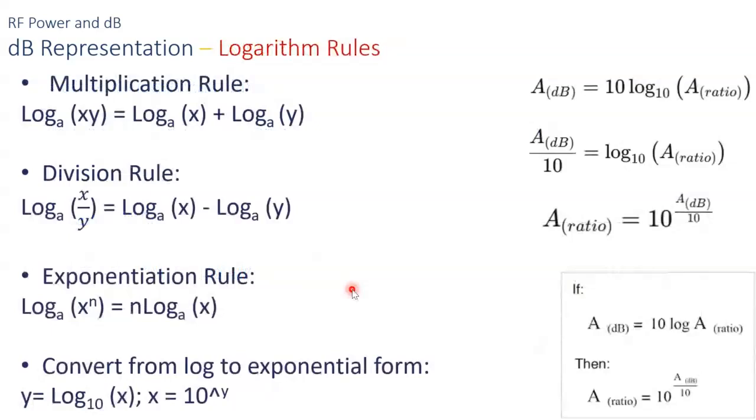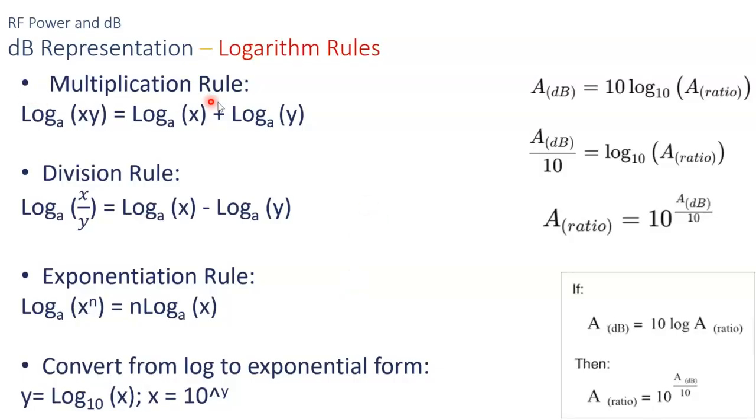So here we need to mention some important properties of the logarithm rules. For sure, there are many properties for the logarithm, which is the log. But now I will mention the most important rules that we will be using throughout this chapter.